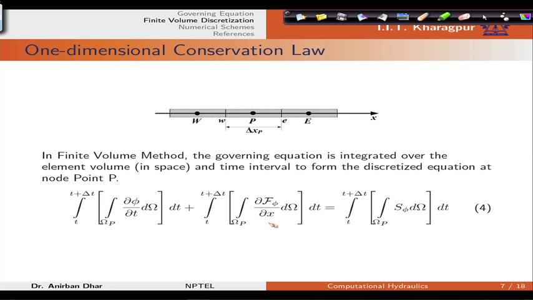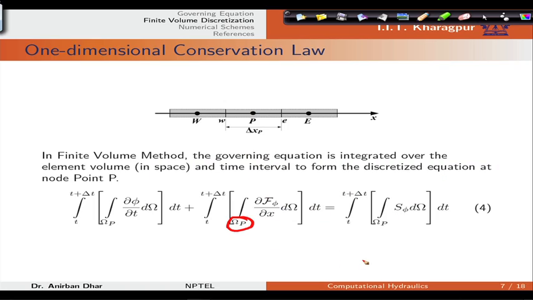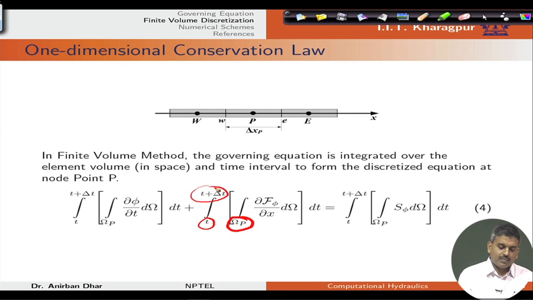Interestingly, this omega p refers to the P cell. That means for that elemental volume we are considering this integration, and for t to t plus delta t, or we can say time starting from Tn to Tn plus 1, we are discretizing this. So, we are taking the integration for that level.